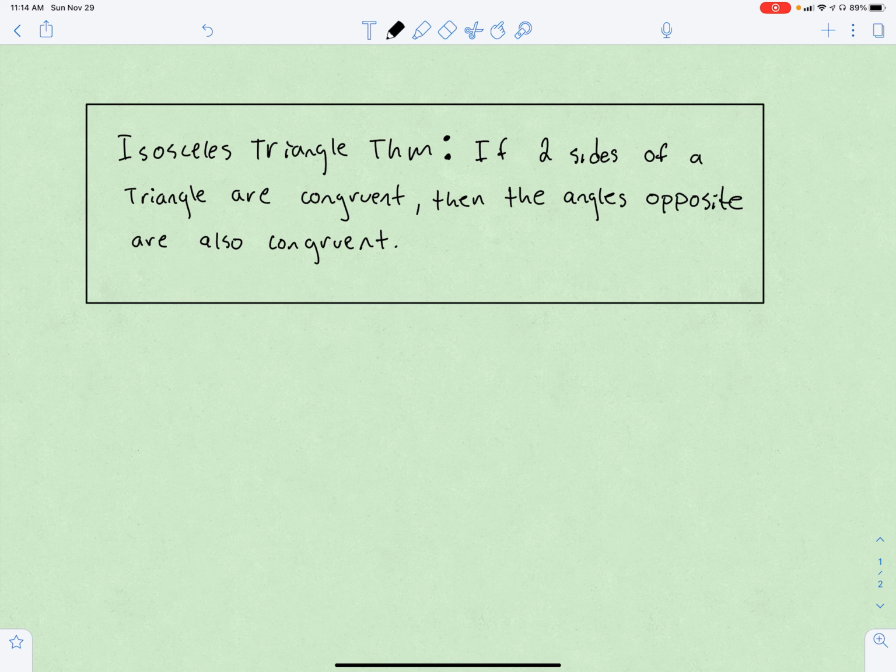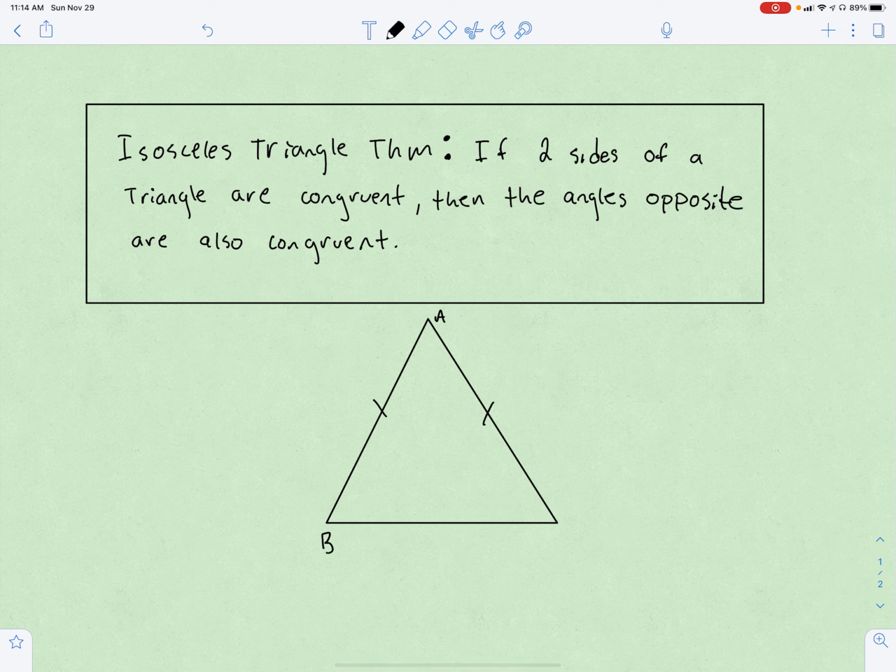So what that essentially means is that if I have a triangle, let's just call it triangle ABC. This is an isosceles triangle, so we know these two sides are the same. So what this theorem states is, if AC is congruent to BA or AB, we know that because of these markings right here.